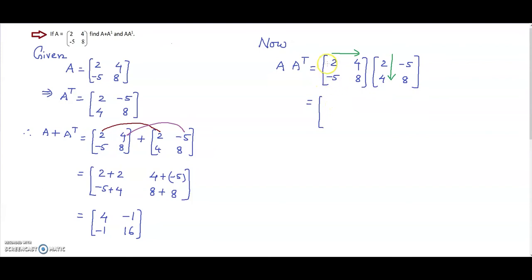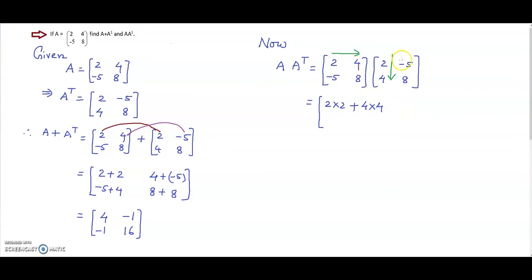Unlike addition and subtraction, where we take corresponding elements and add, here we multiply on the basis of row into column. So the first element of the first row of the first matrix into the first element of the first column of the second matrix, 2 into 2, plus the second element of the row and the second element of the column. This is how we multiply.